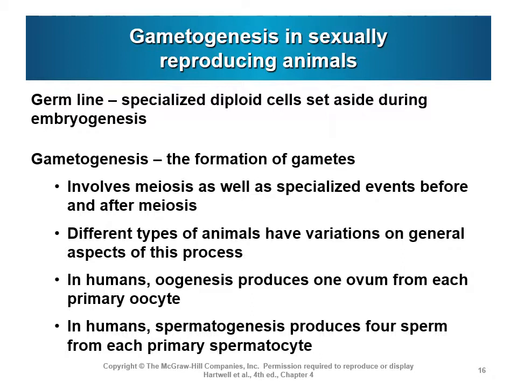In humans, spermatogenesis produces four sperm from each primary spermatocyte. So here is a question. Taking into consideration the material in your book, and you can use any resource you want, please explain why there is one ovum and four sperm.